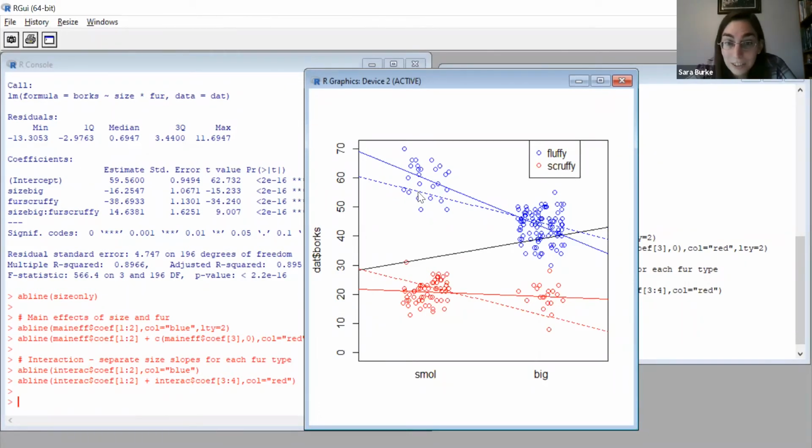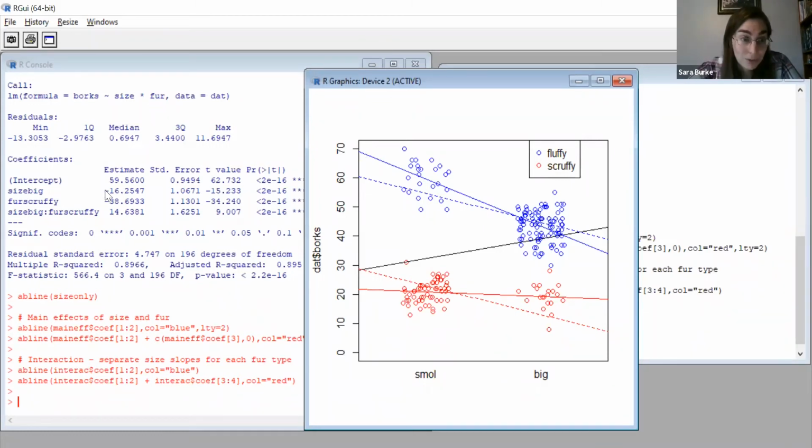The dotted lines are the slope of size from the model that adjusts for fur, and the solid red and blue lines are the simple slopes of size from the model that allows size to interact with fur. Those come closest; they pass directly through the means of all four of these subcategories.